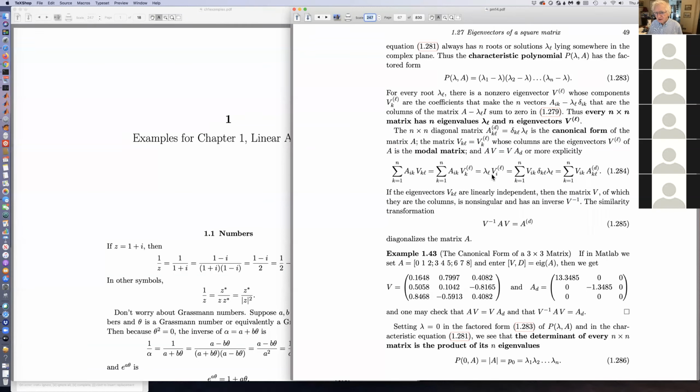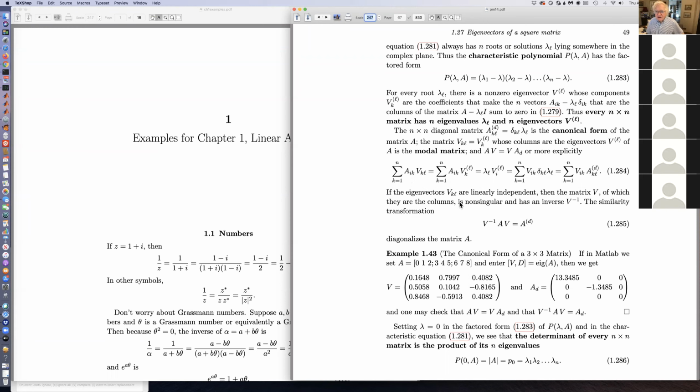And this was the matrix equation. This is why MATLAB writes the eigenvalues in a funny way. It writes it as a diagonal matrix. And so you then have AV is V times that diagonal matrix.